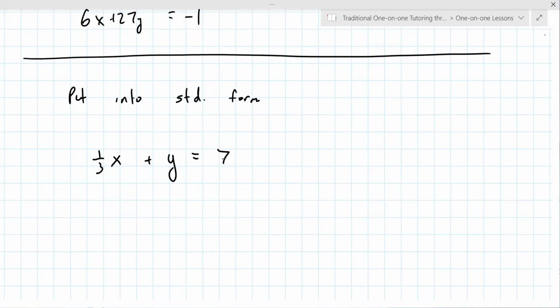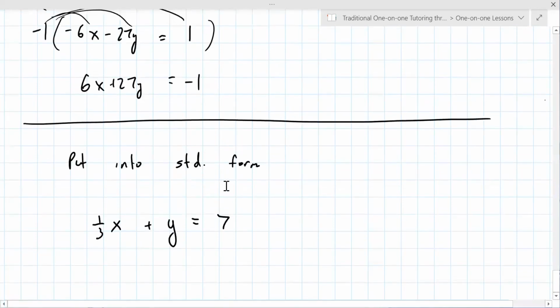You want to solve it for me? Nope, you know how to do this. It's no different than one of the ones we've already done. So 7 times 1 is just 7x plus 7y.